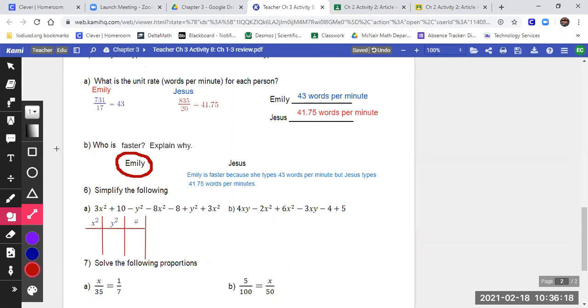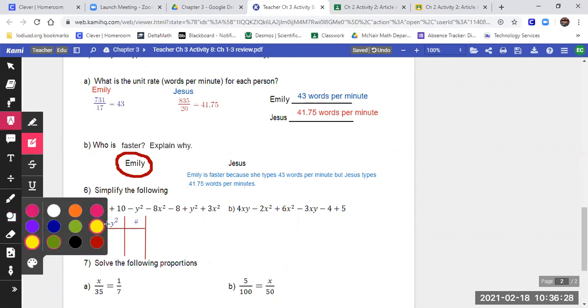Okay, so I've made my table, so now I'm going to go color code. You can do color coding, you can do table, or you can do both. We're actually doing both. Okay, here's my x squareds. They go with my x squared. There's another x squared. Here's a third x squared.